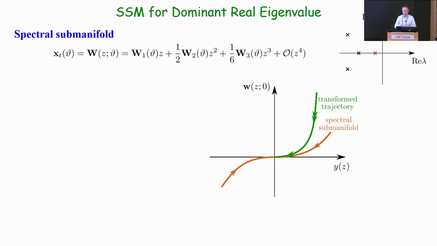I'm going to skip this part now, and I start to finally show you something about the SSMs. Let's look at the simplest possible case. We have one real eigenvalue. It's negative in this case, so this is a stable system, and we try to project the dynamics into that single direction. Using the same mechanism as before, you can build this so-called spectral submanifold, and it looks exactly the same as what you have seen today a couple of times.